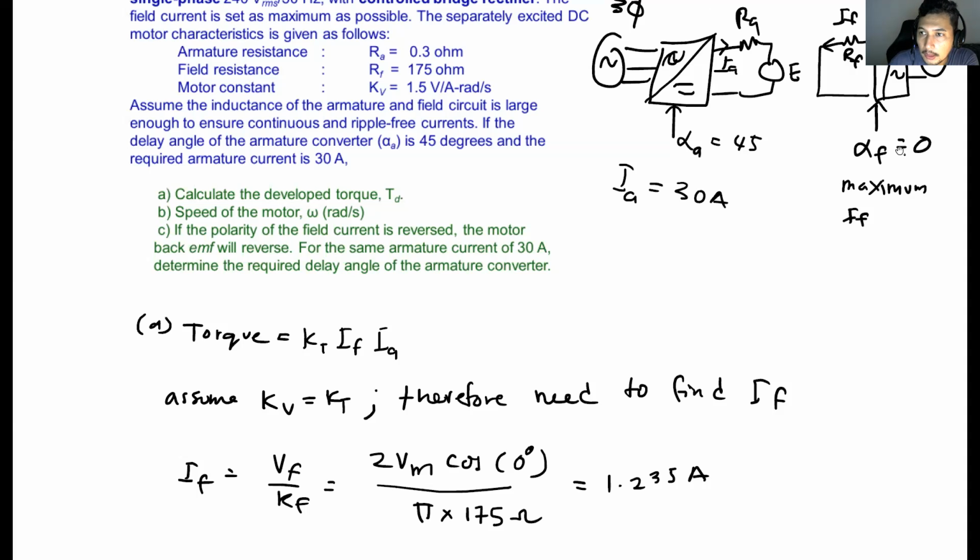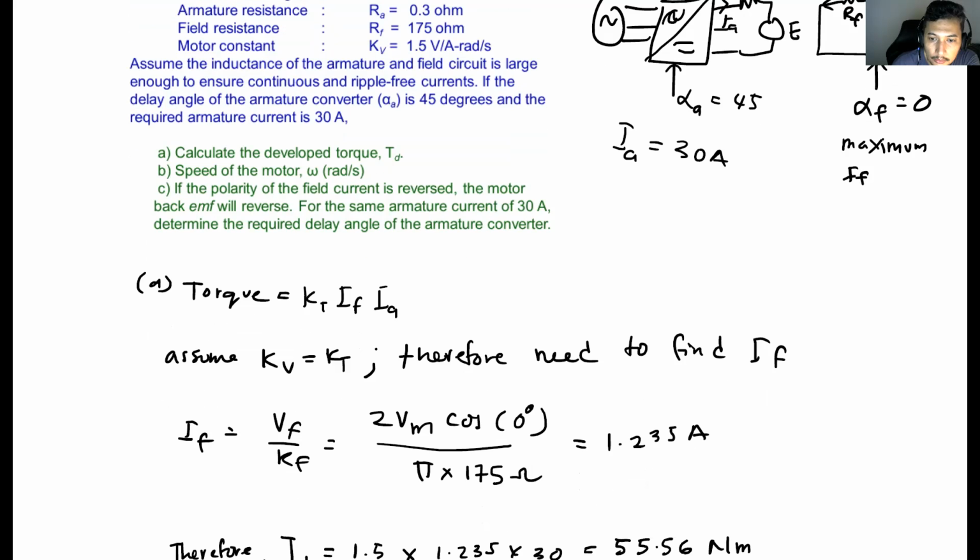The field current IF can be obtained by using Ohm's law from the field circuit. So IF is equal to VF over RF. This is a single phase, so full wave. The equation for single phase full wave continuous conduction mode is 2 Vm over pi cos alpha, but alpha is 0, and then over your RF of 175 ohm, so you will obtain IF is 1.235.